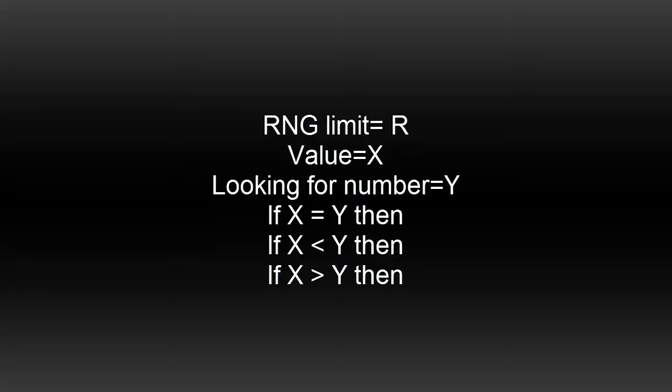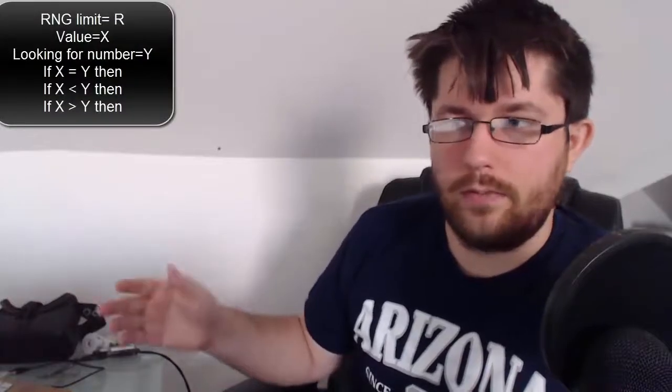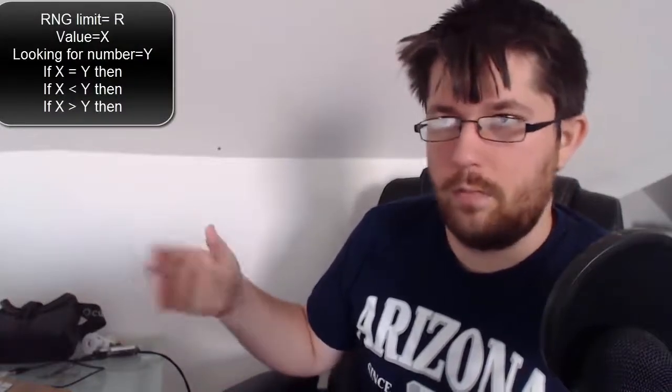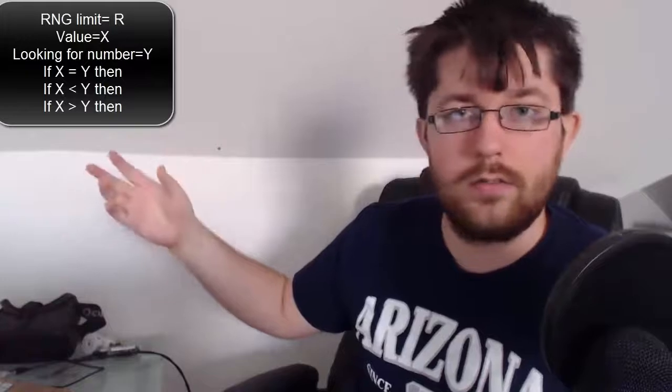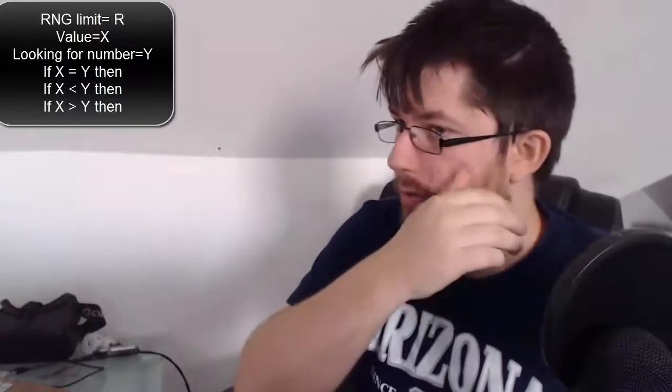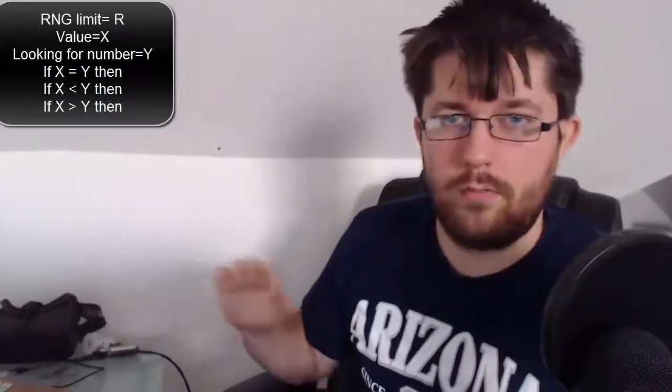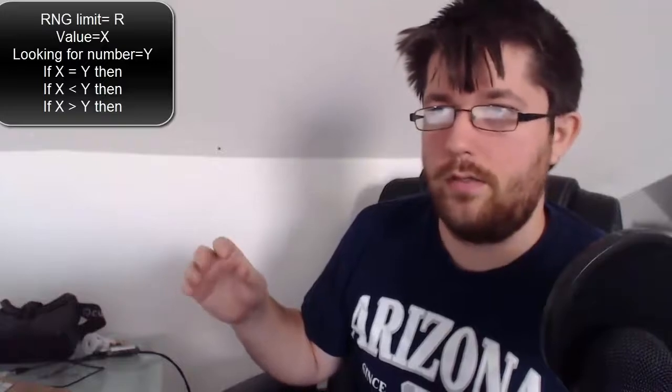Let's say, for example, I wanted a chance of a block showing up on the screen changing colors. What I can do is say for the random number generator, 1 in 100, so the limit being 100, and the value, just a random value I pick, is say 2.